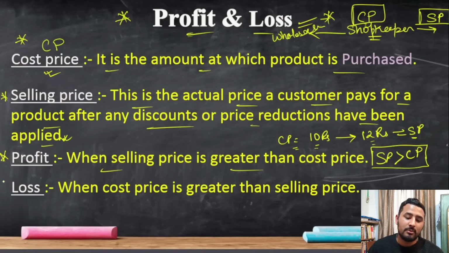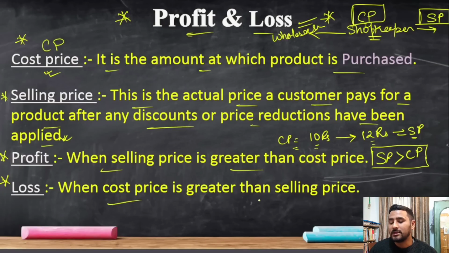Okay, now let us see about the loss. What is loss? When will loss occur? When cost price is greater than selling price. Now take the same example. You have bought the lollipop for 10 rupees, and now you sell it to the customer.